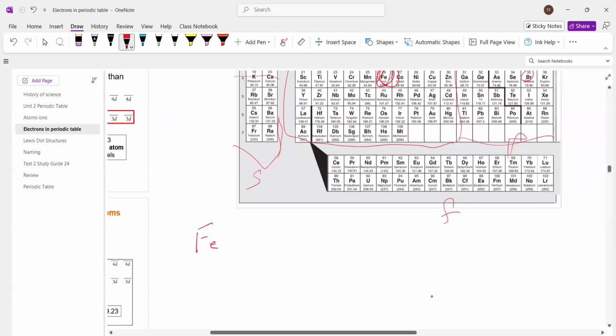Now, when we get to shell 4, it is going to have some D's in there that need to be filled. Okay, so the 26 electrons.